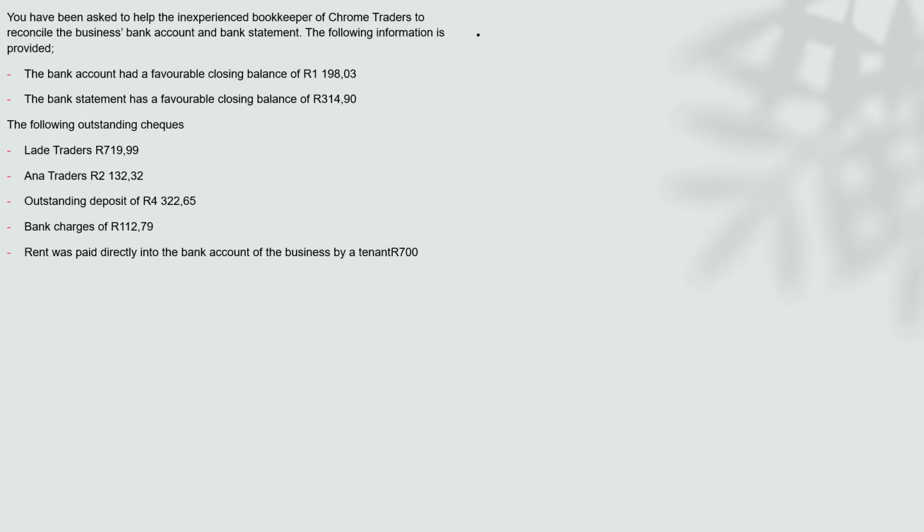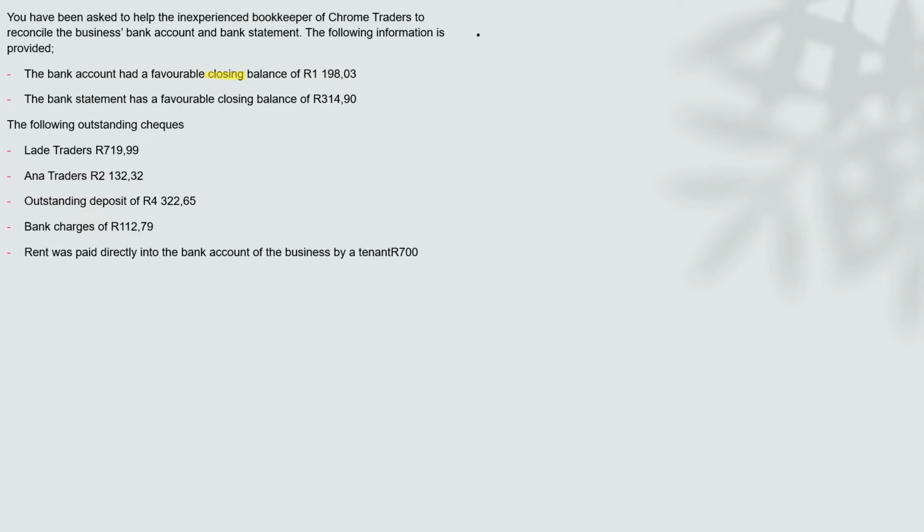I changed this because in the question that I was sent, it said opening balance. And normally when you talk about opening balance in bank reconciliation, that will be the balance at the beginning of the period that you're currently looking at. Let's say, for instance, you are reconciling for the month of July.